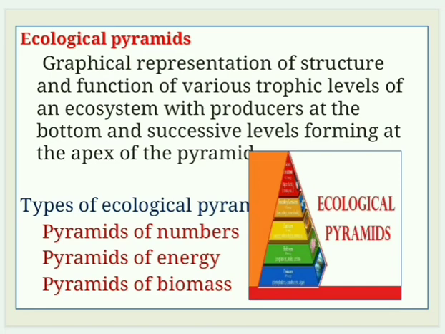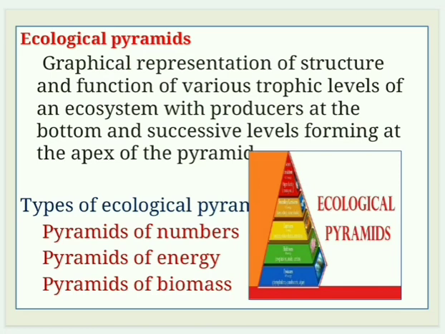There are 3 types of ecological pyramids: pyramid of numbers, pyramid of energy, and pyramid of biomass. Pyramid of numbers represents the number of individual organisms present at each level. For example, in a food chain, plants are eaten by rats, eaten by snakes, eaten by eagles.